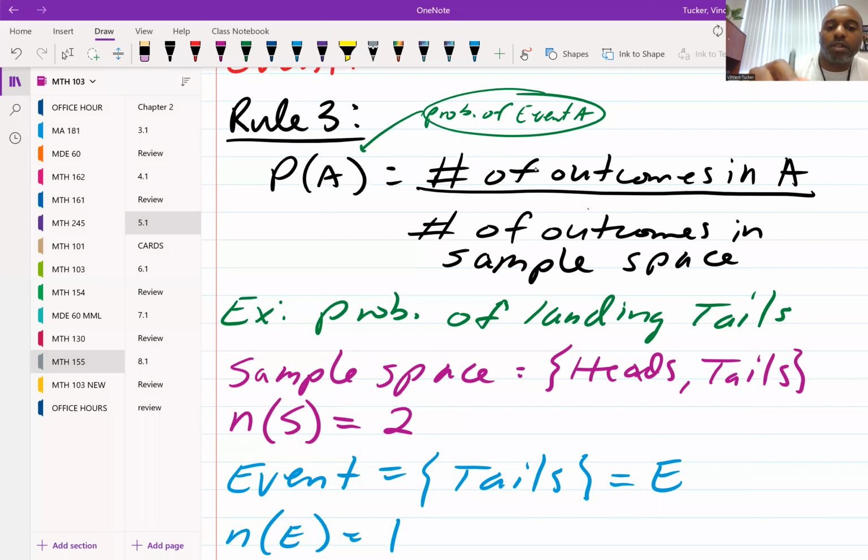I want to go to another color since I have green right there.